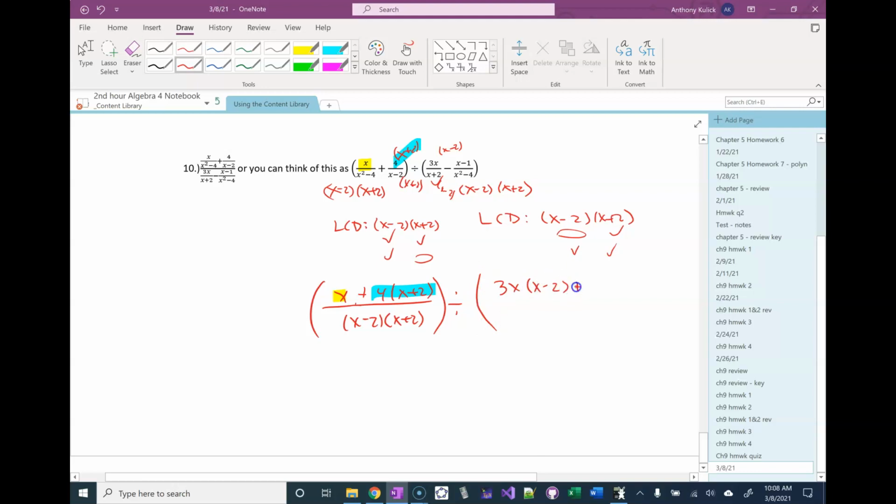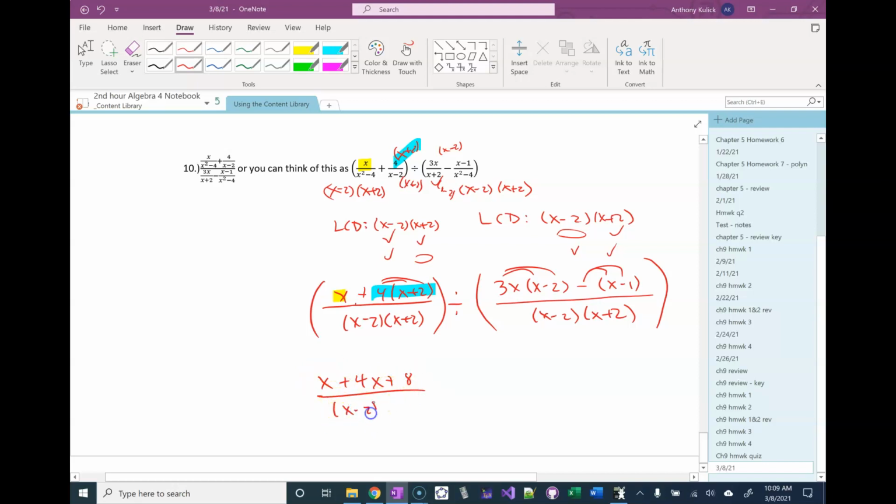All right, so we'll just do all our distributing here. So I have x plus 4x plus 8 over that. And then we have 3x squared minus 6x minus x plus 1 over that. So far, so good. Combine my like terms.